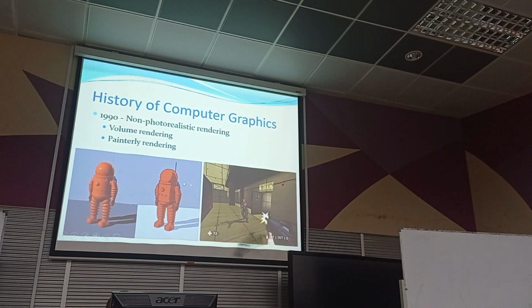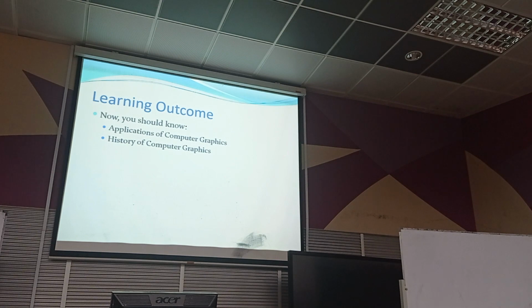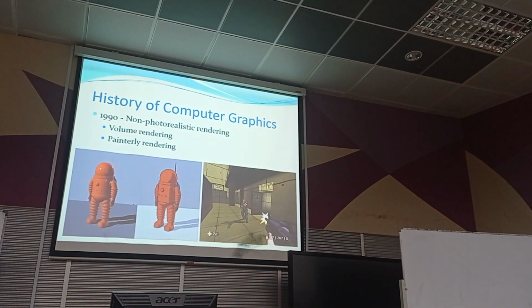Then you can have a non-photorealistic effect. Support volume rendering, 3D. This perspective view, 3D. In the 90s, so stop already here. Got 2000. So 2000, where do we go?